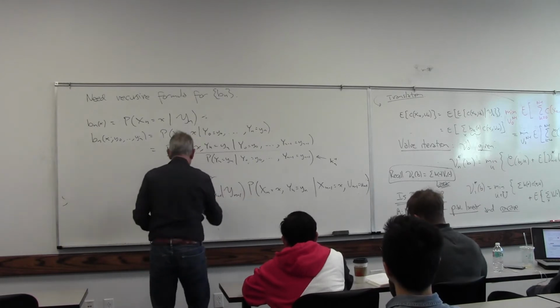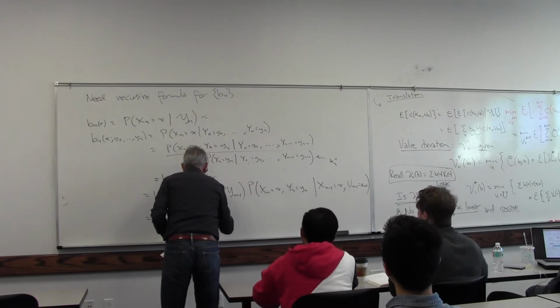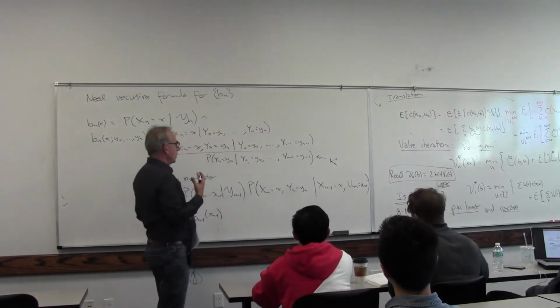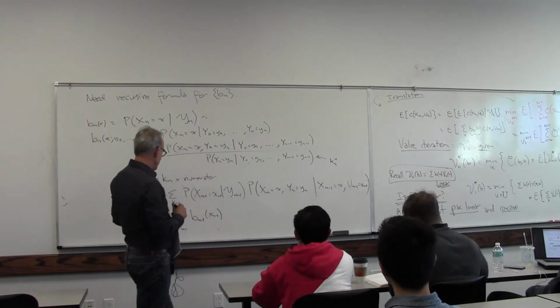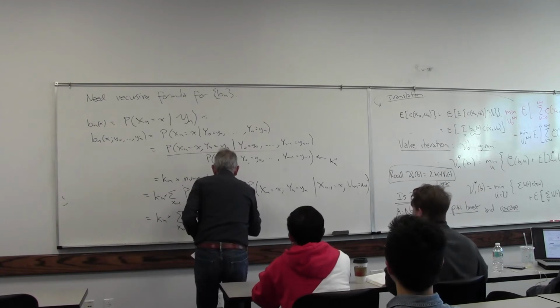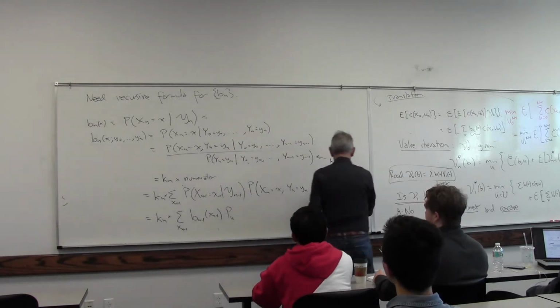So that's my previous belief state. And this is precisely what was written down before. It's the probability u of going from x minus 1.